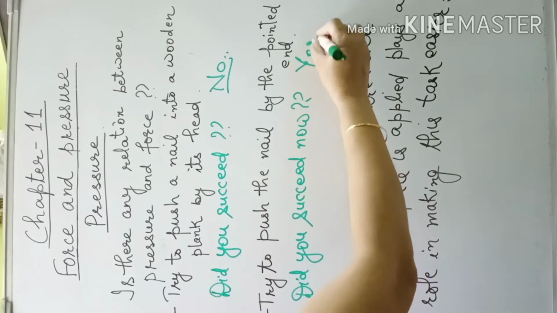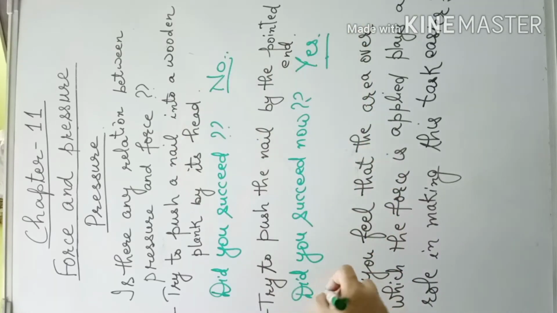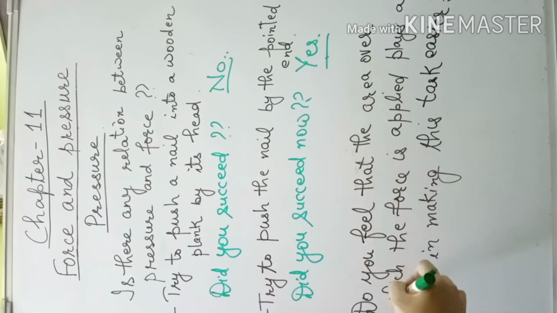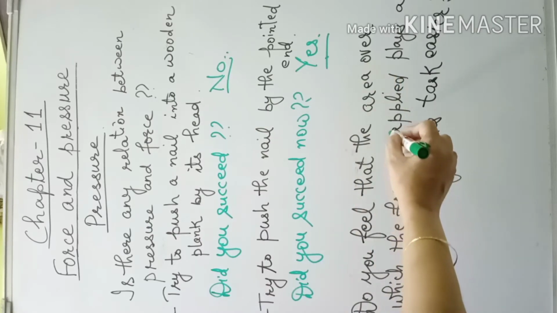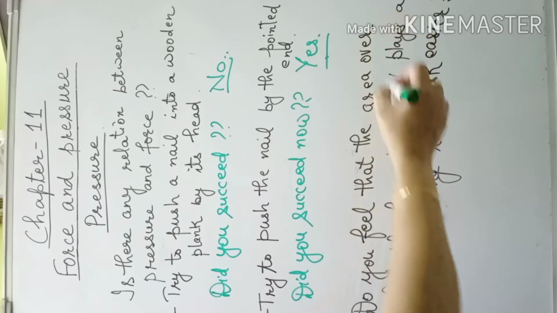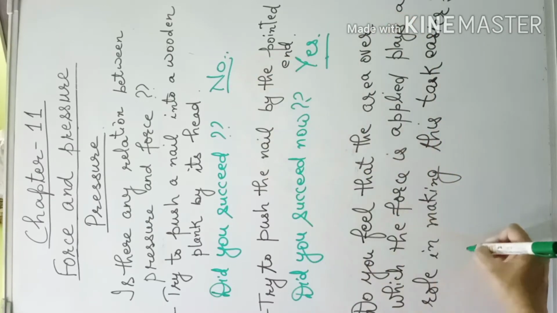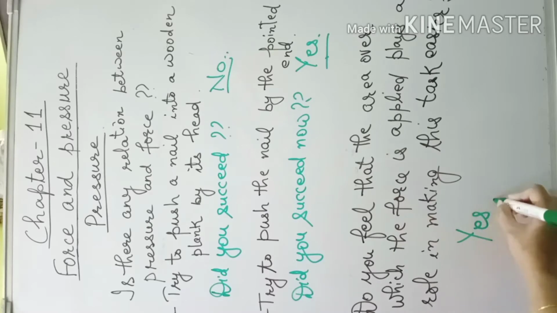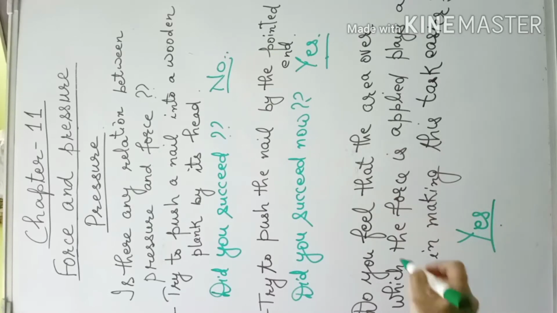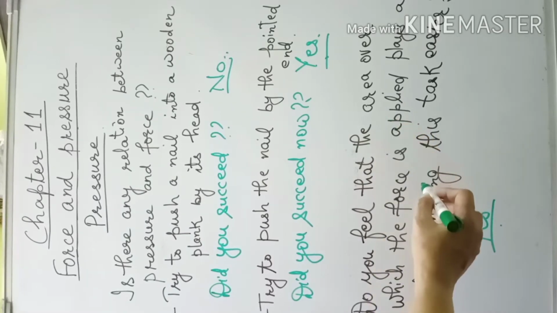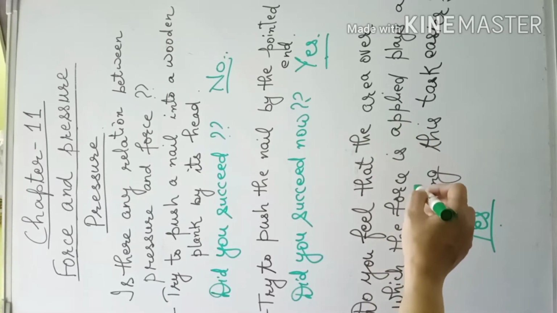In this case, yes. So do you feel that the area over which the force is applied plays a role in making this task easier? So it will be yes. So area over which the force is applied plays an important role in making the task easier.